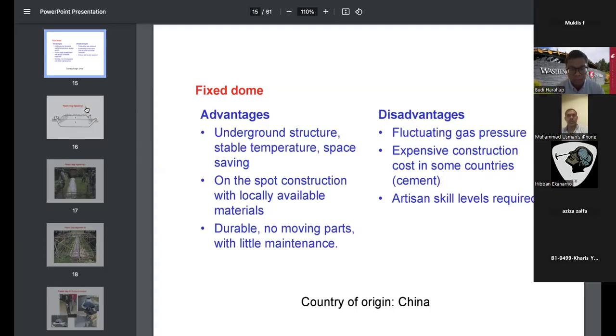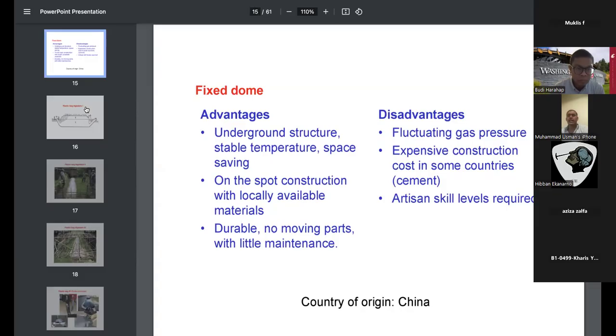On-spot construction and durable: the lifetime of the floating drum biogas plant is usually 10 to 15 years, whereas the fixed dome type biogas plant has a longer life compared to the floating type, usually 20 to 25 years.